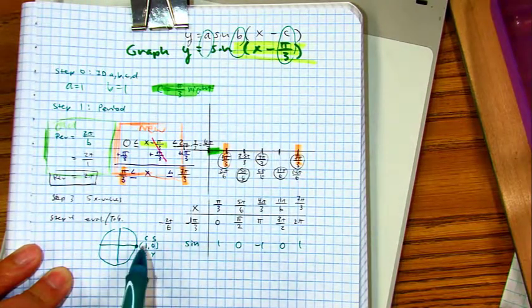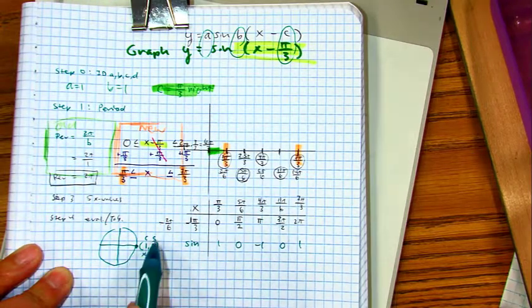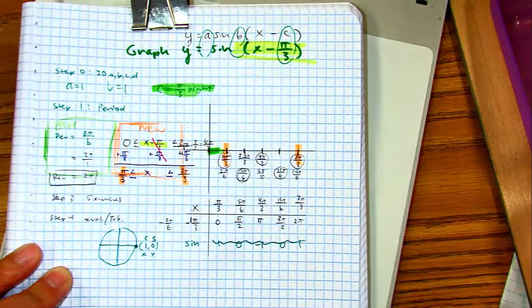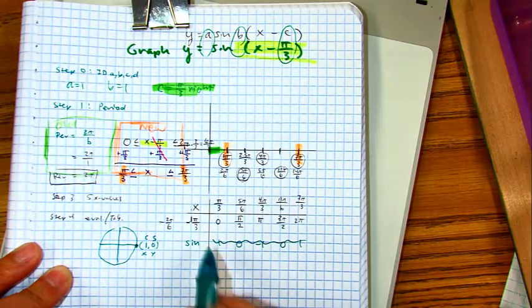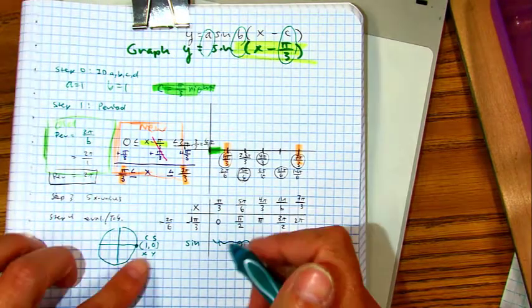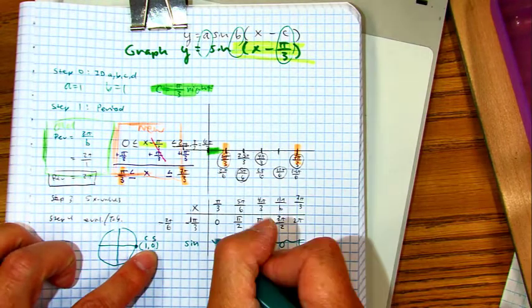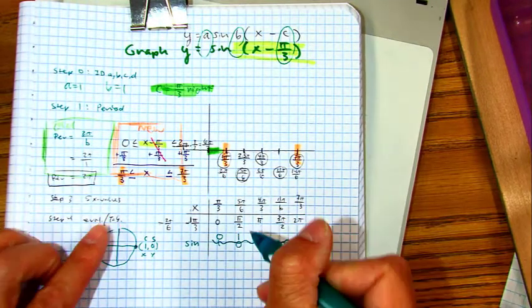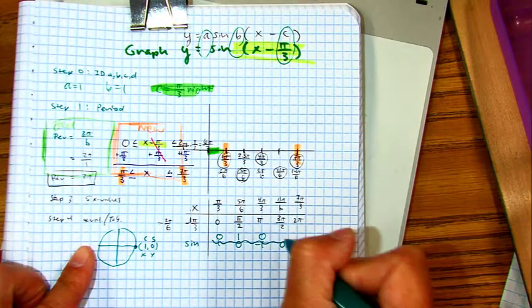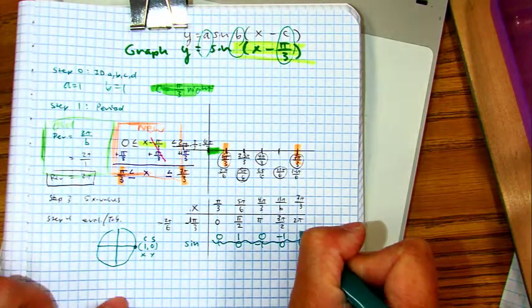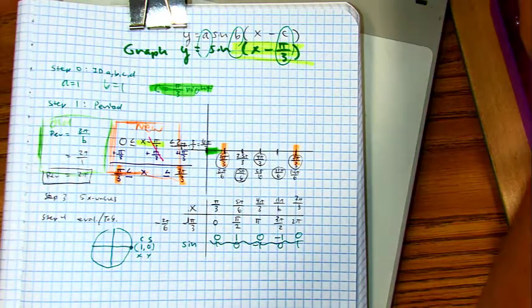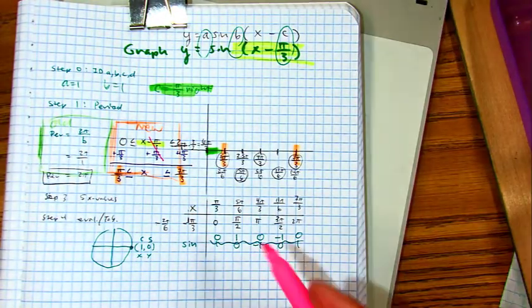Sine at 0 is 0. So this row that I wrote, I purposely did that to show you that a lot of students will make that mistake right there. So class, what's the number? 0, 1, 0, negative 1, 0. We made it out of the Death Star.